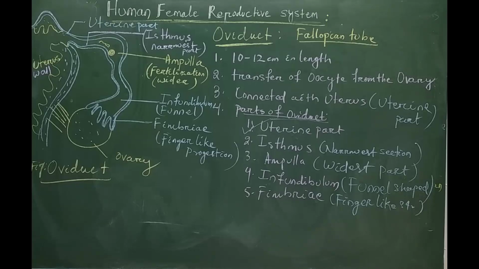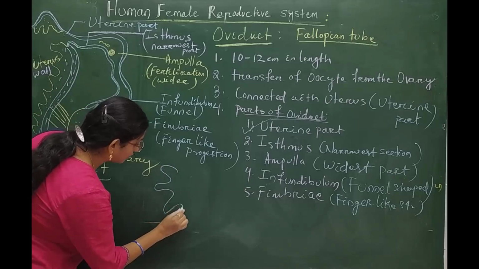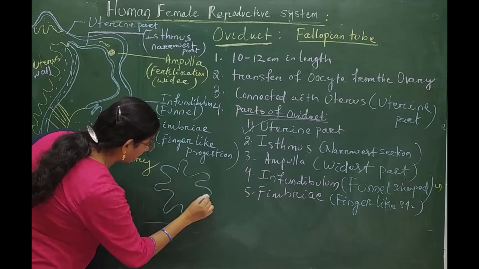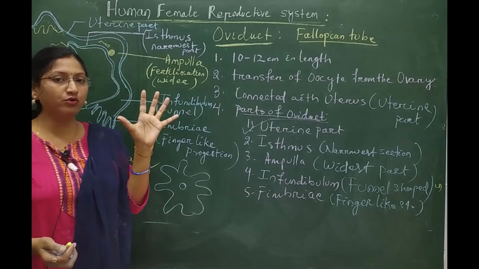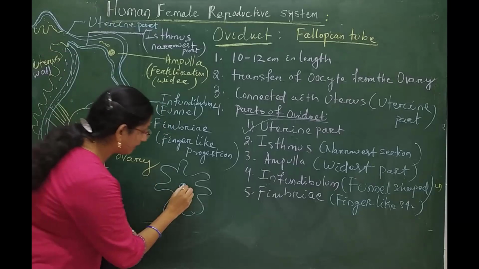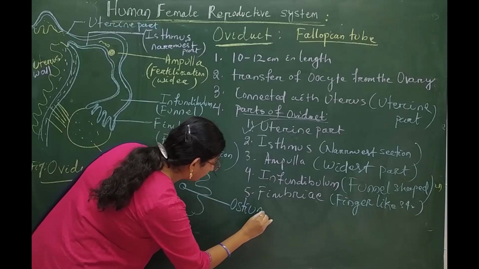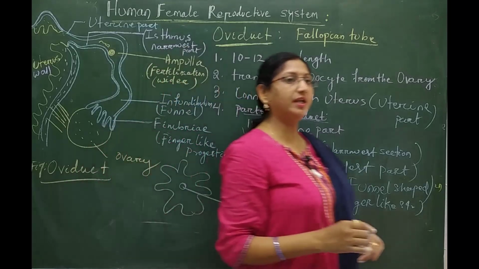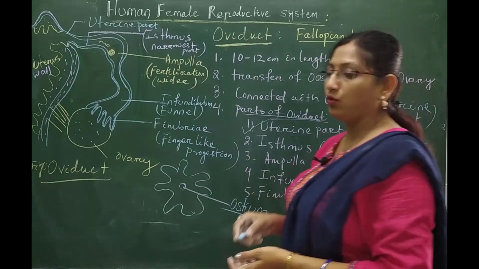If we are talking about the internal structure of the fimbriae, the cross section of this oviduct looks like this, having an opening at its center. This opening is called ostium.